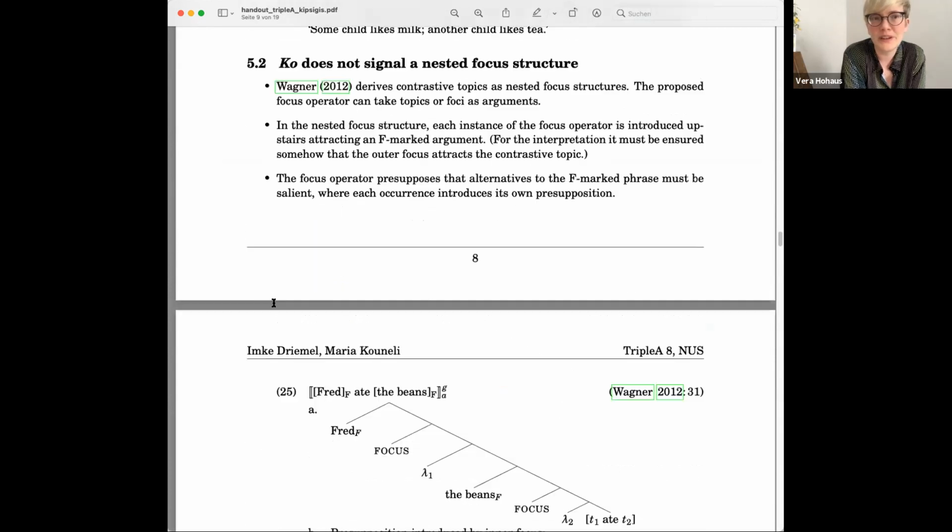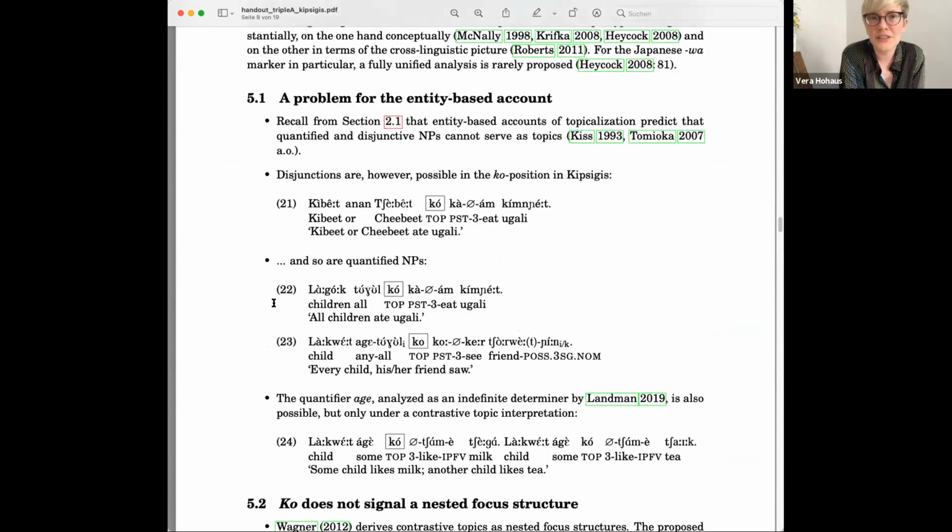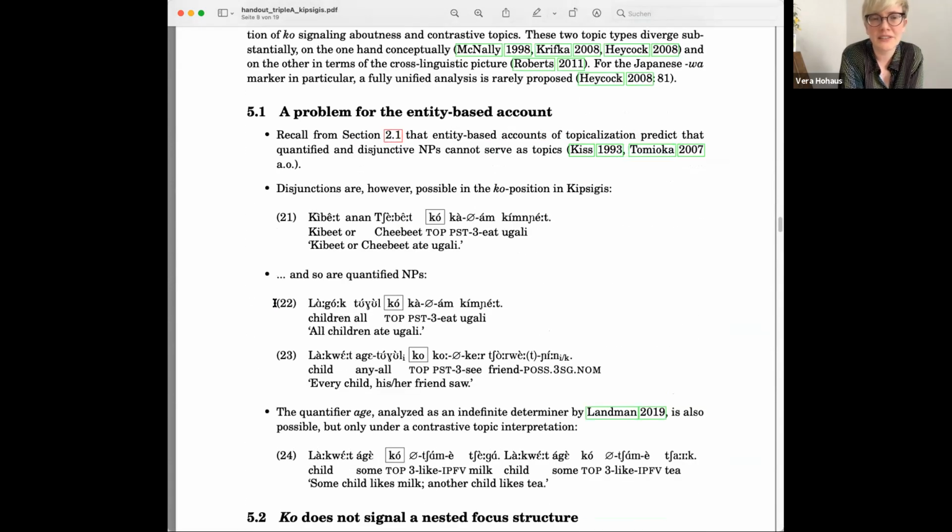So it could very well be that you have plurality denoting expressions there that are allowed, or a specific indefinite or something that is ultimately E-type denoting. And given that this expression here translates to all, right? That would be one way of also explaining that data potentially, saying that this is actually not a true quantificational expression. So just something to think about.